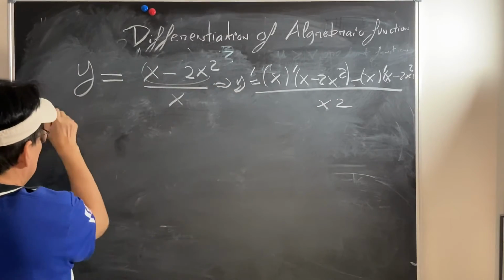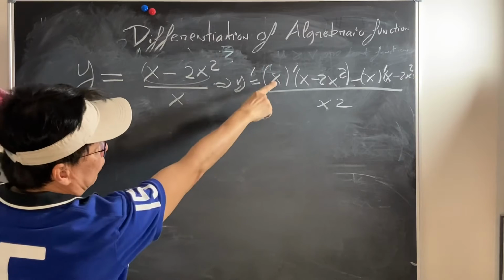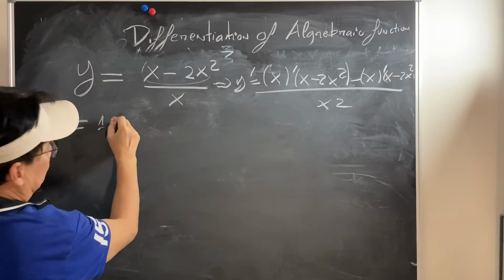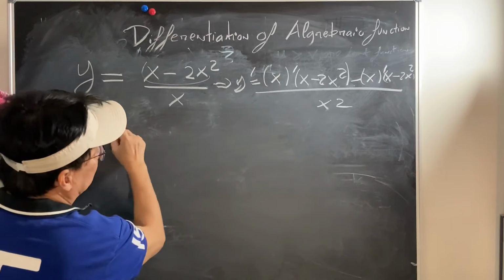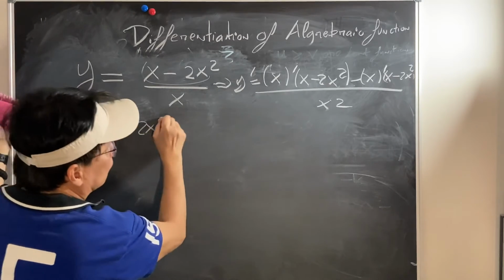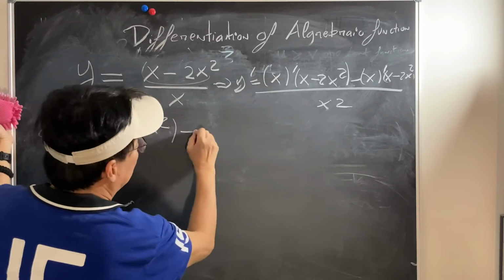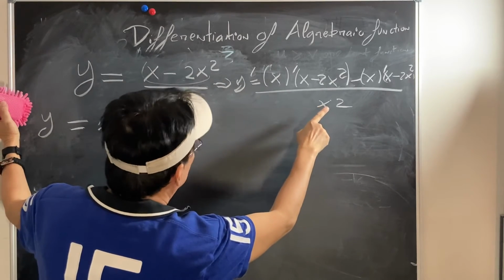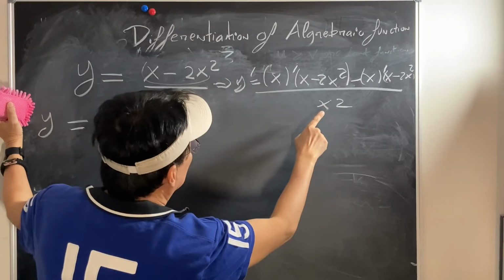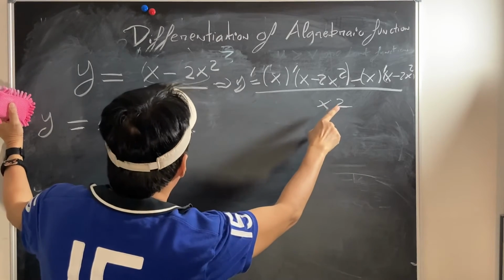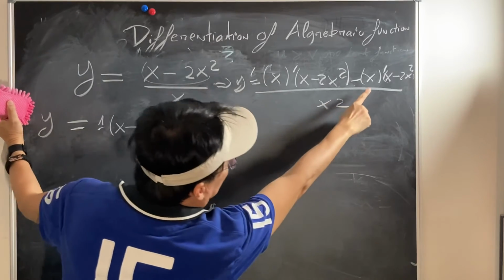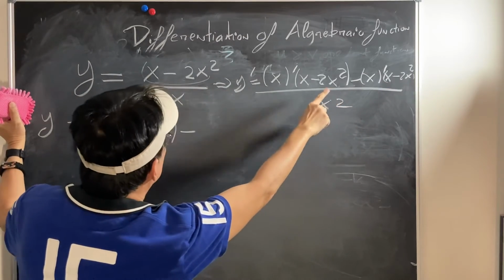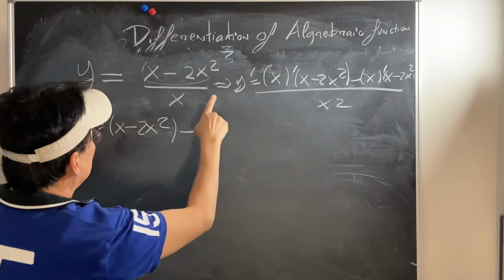Okay, so y prime will be equal to the derivative of x, which equals 1, multiplied by x minus 2x squared, and minus derivative of x minus 2x squared.